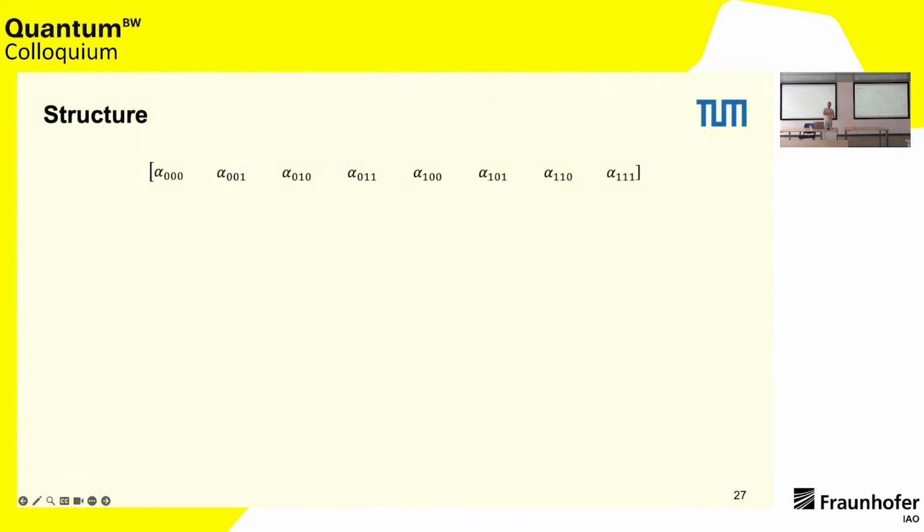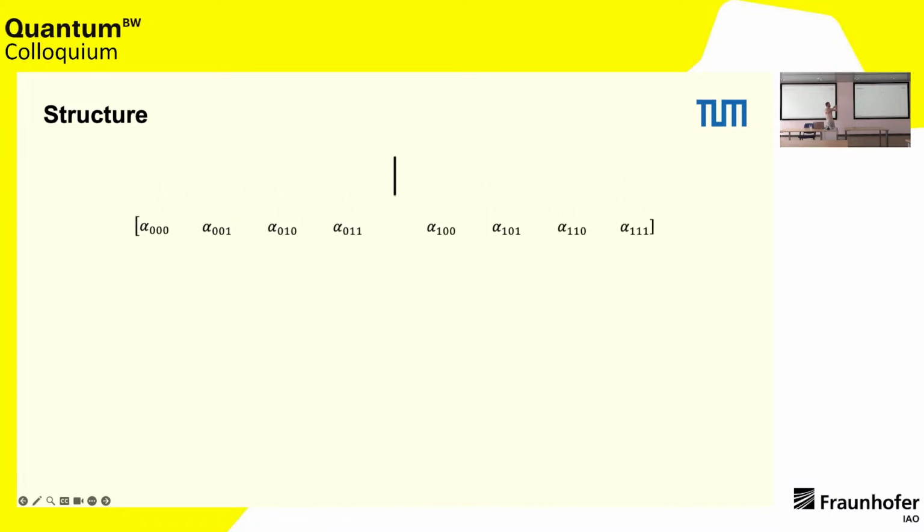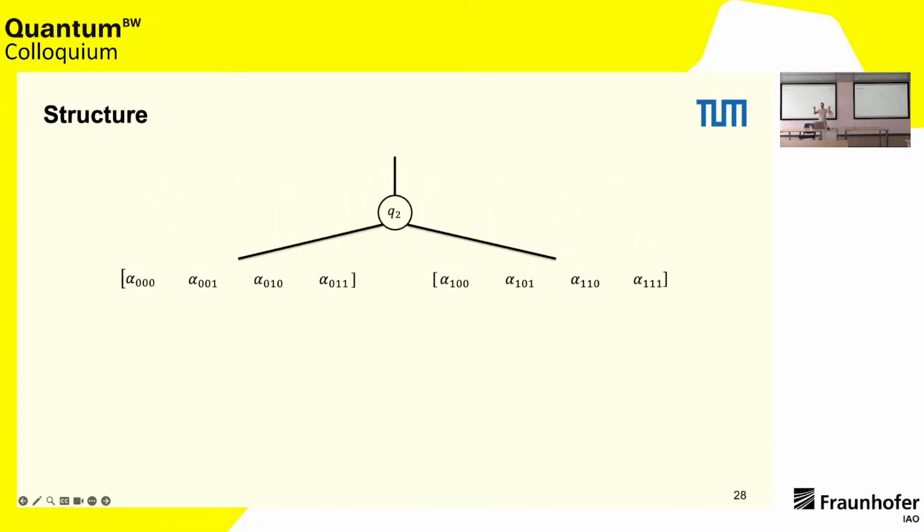You can apply that idea to quantum computing. If you start with a state vector, what you see here is a 3-qubit state vector, so that's 8 entries. What you can do is you can split that in half. And you can form a top node out of that with 2 successors, left successor, right successor. The left one indicating that the topmost qubit is 0, and the right one indicating that the topmost qubit is 1 in all those cases.